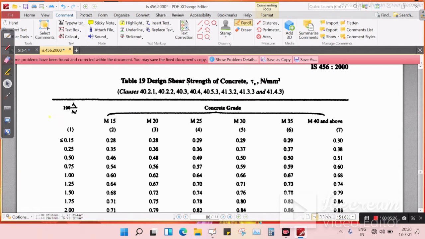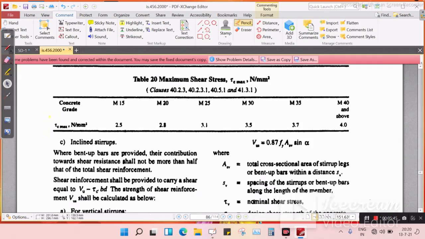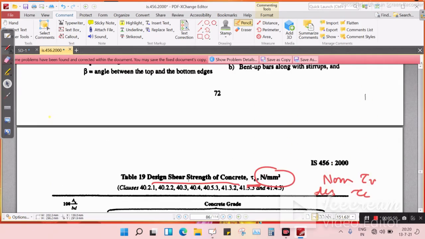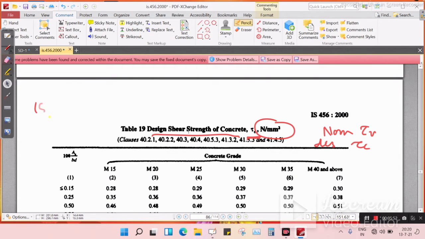This is our table number 19, design shear strength of concrete, tau C. First, what we discussed was nominal shear stress tau V. This is design shear strength tau C. Unit is Newton per mm square. This is page number 73 of IS 456.